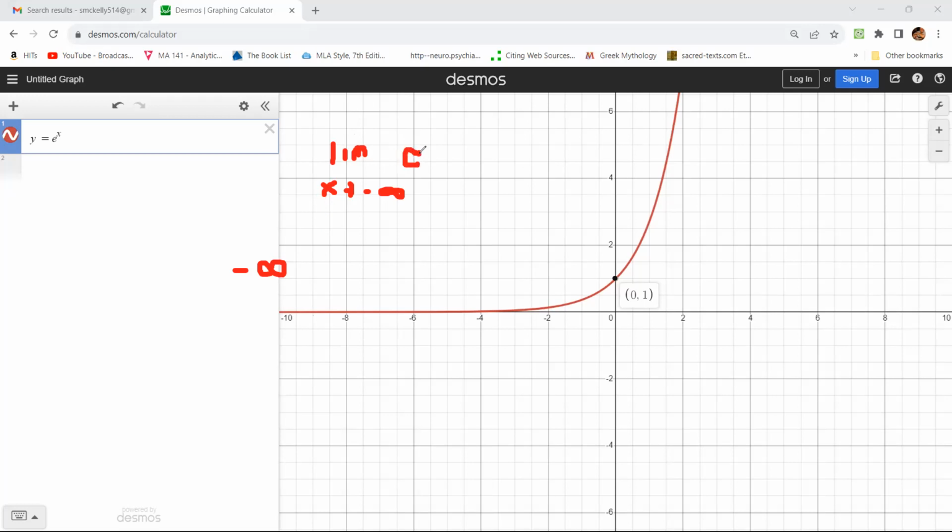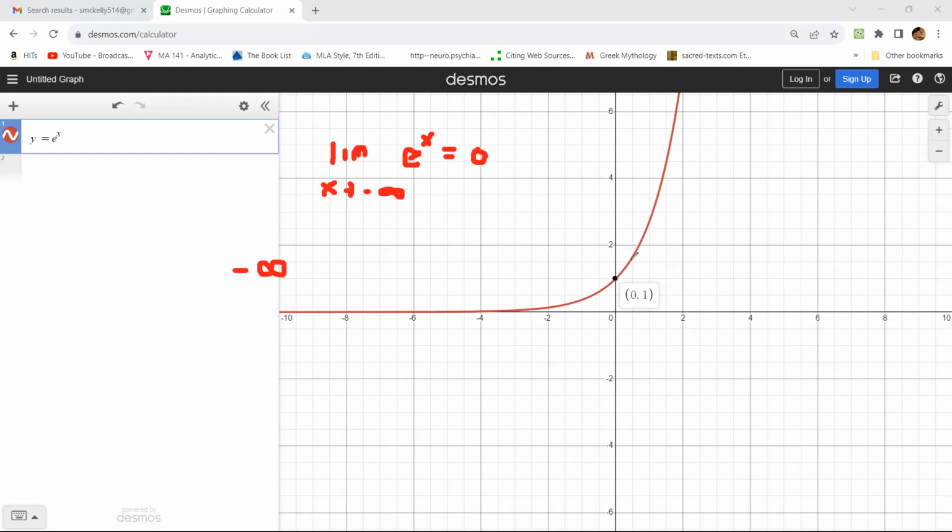This is e to the x power, right? It is equal to 0. Now you can do a lot more with that because there are more properties. What would you say the limit is as x goes to positive infinity? Well, be careful.